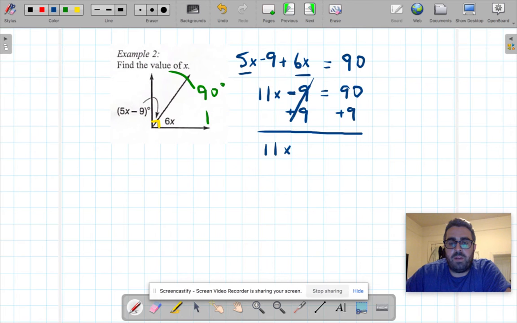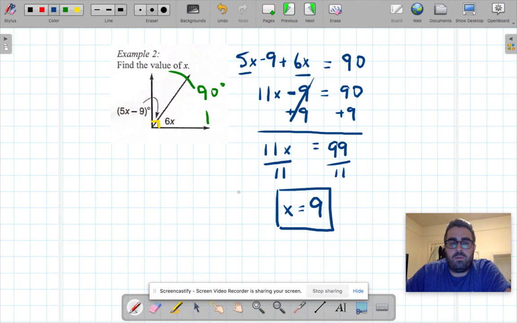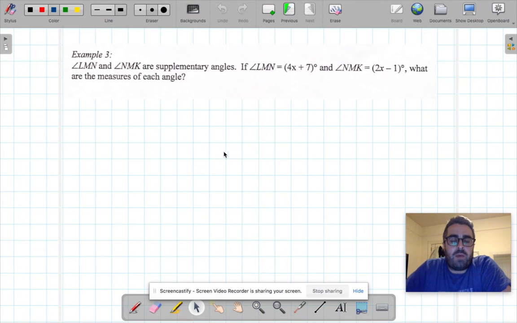Negative 9 plus 9 is 0. 90 plus 9 is 99. And finally, divide by 11. So x is equal to 9. So that would be how you use the concept of complementary angles to solve a problem. And in the next example, we're going to use the concept of supplementary angles to solve an algebraic problem.